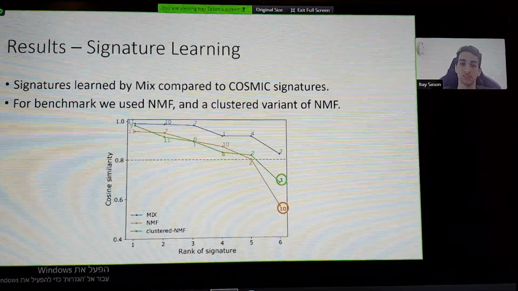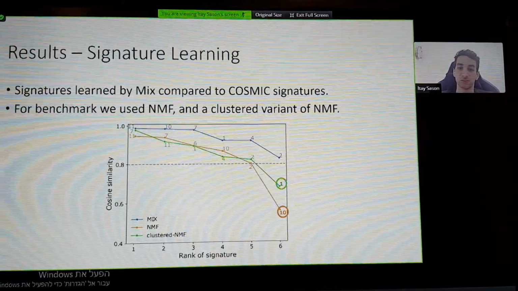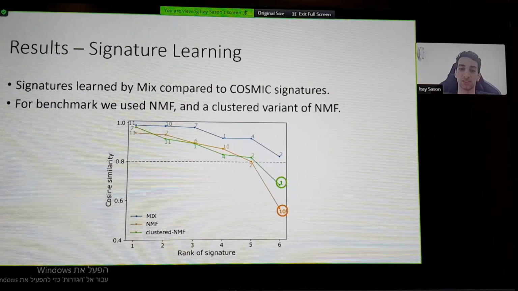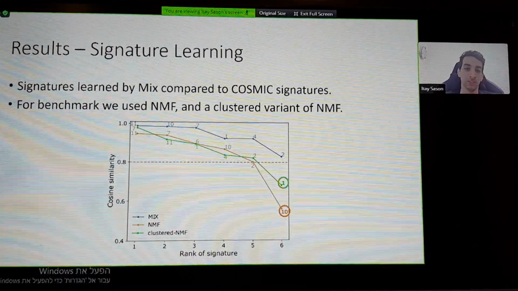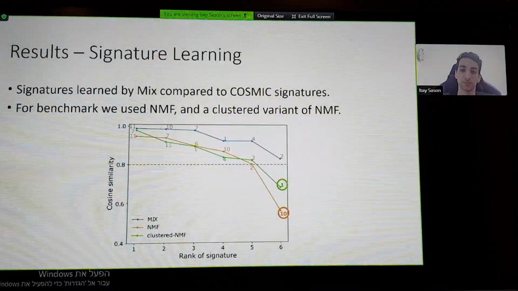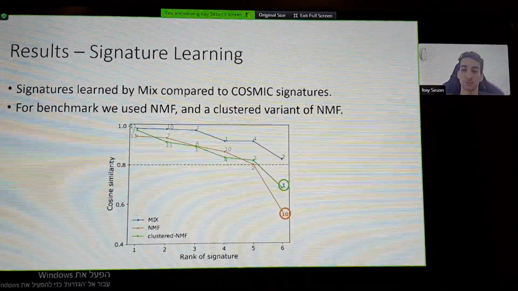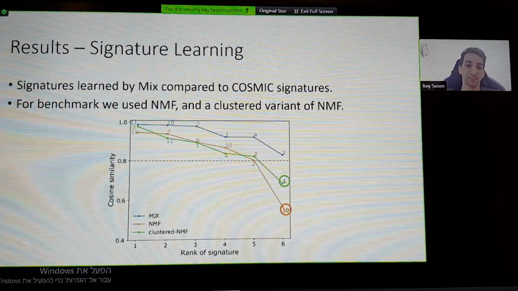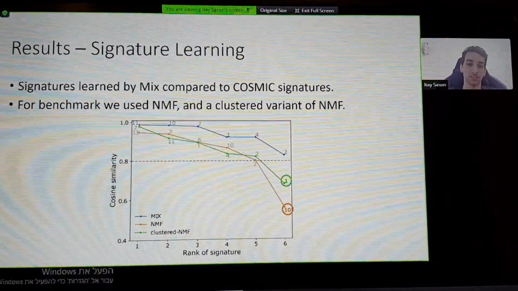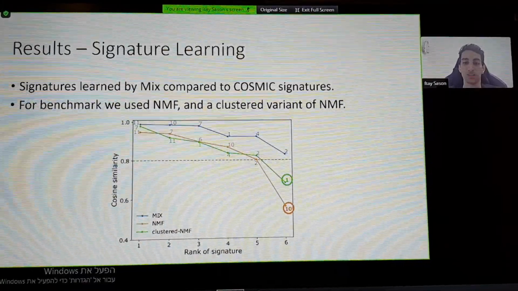Next, we wanted to use the data to learn signatures. For each signature, we report the cosine similarity with the most similar COSMIC signature. In the graph, we show the similarity to the closest COSMIC signature, and print the closest COSMIC signature next to the signature.